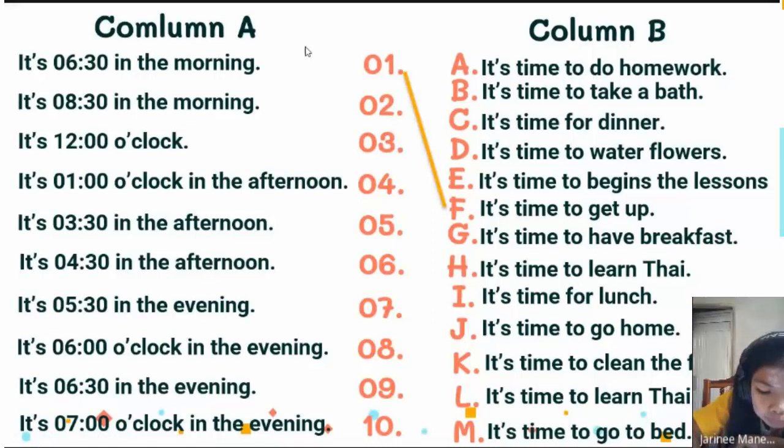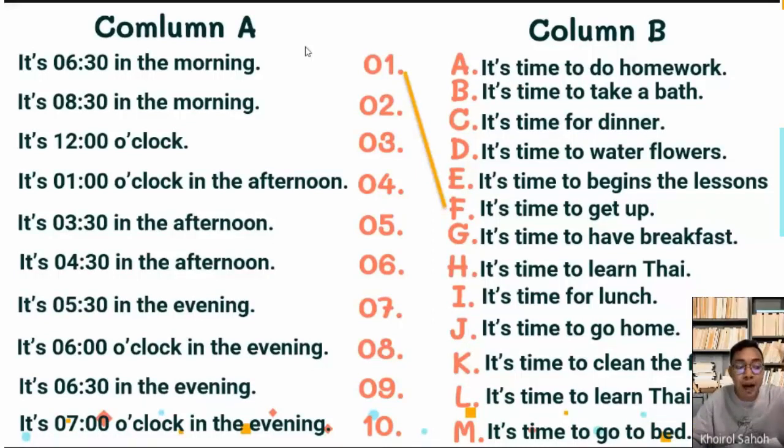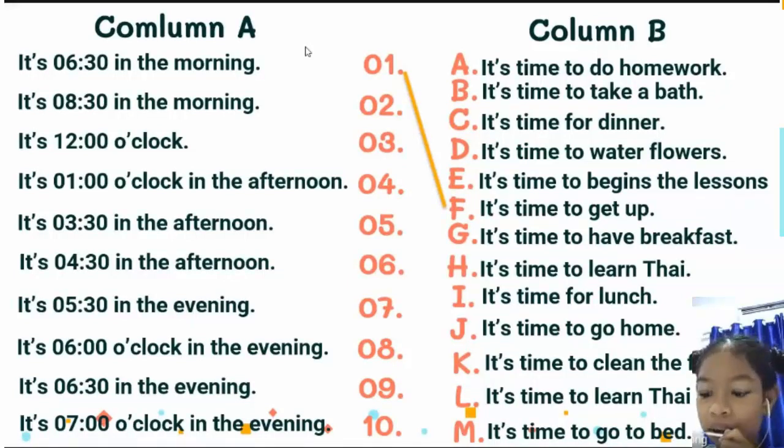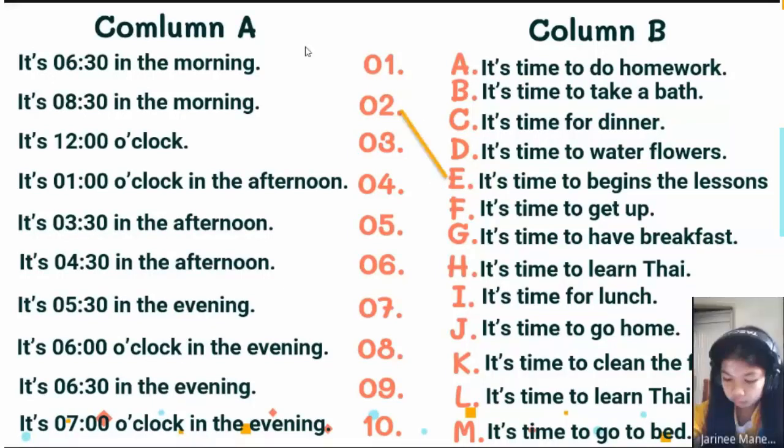Number 2. It's 8:30 in the morning. เขาทำอะไร Begin the lesson.